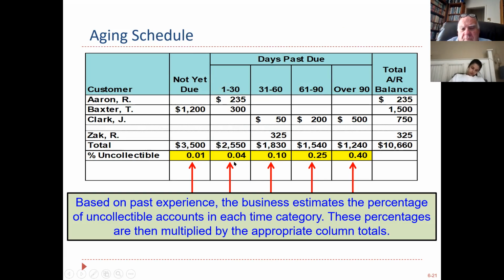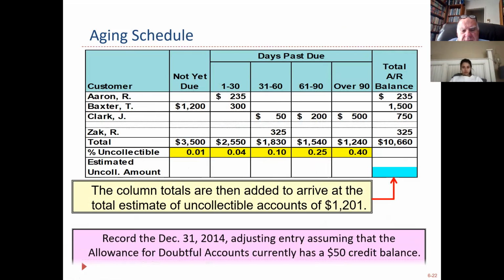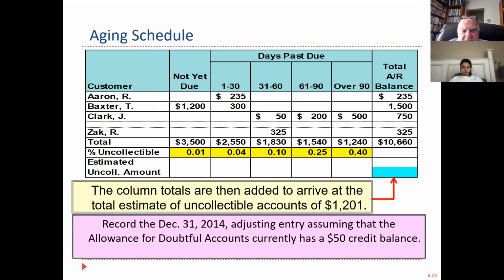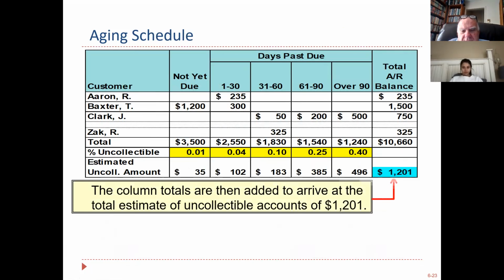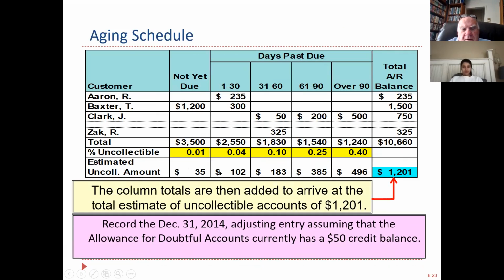The next columns are 4%, 10%, 25%, 40%, okay? We multiply it out. $35, 102, etc. So that's not too tough to come up with the 1201.